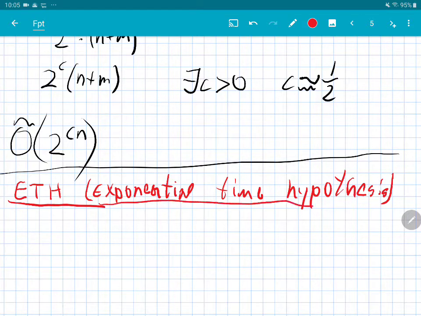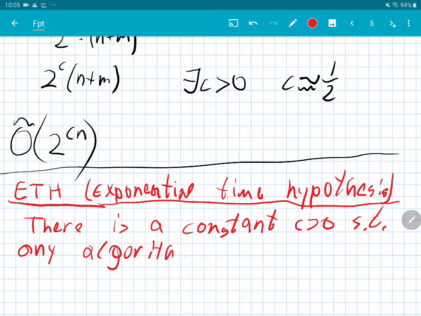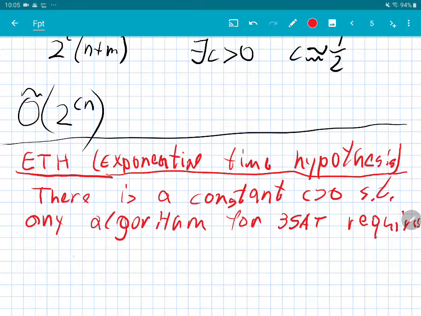The exponential time hypothesis is that there is a constant C larger than 0, such that any algorithm for 3SAT requires 2 to the Cn time.